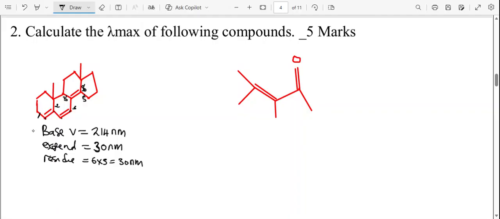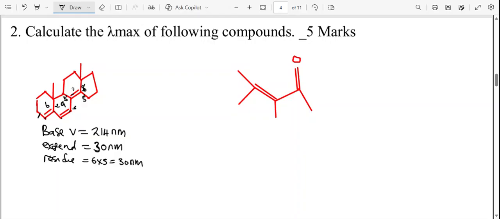Then we can talk about exocyclic bonds. An exocyclic bond is a bond that is outside the other ring, like this one. This bond extends the conjugation to that point, so this bond is exocyclic to this ring. Suppose this is ring A and this is ring B. A has an exocyclic bond, which is that one, which is out of it.